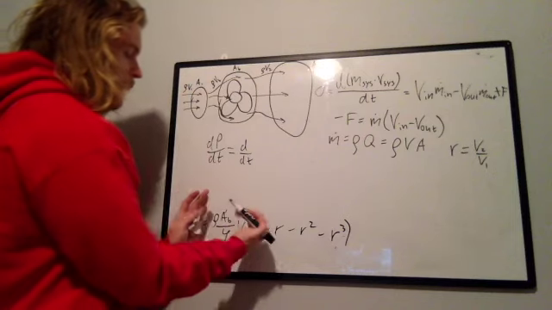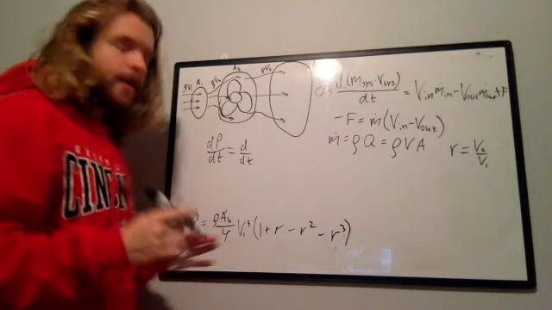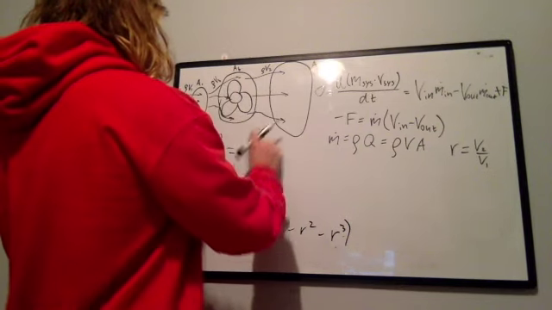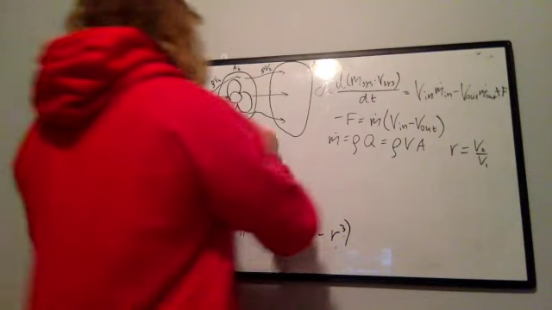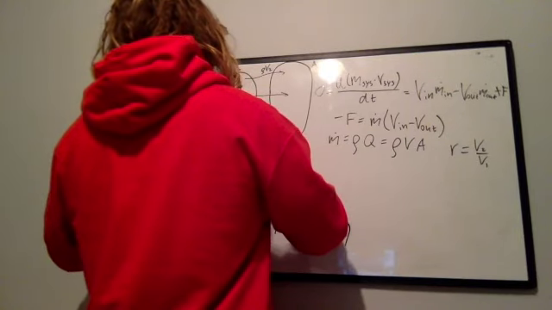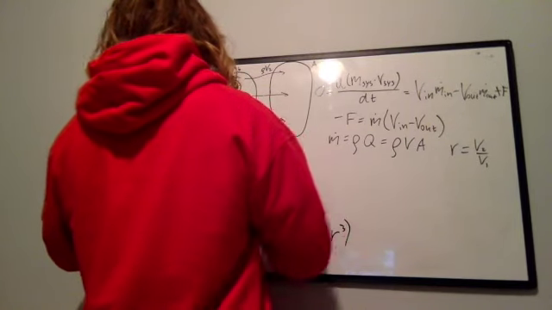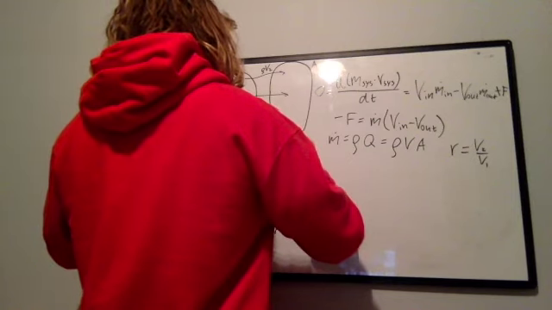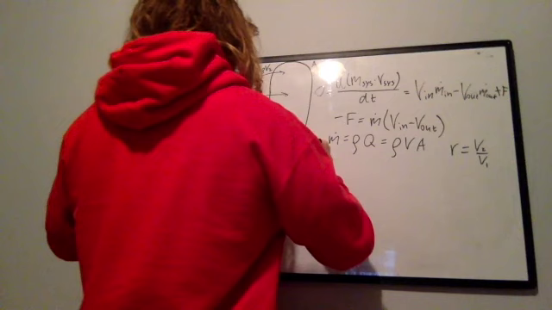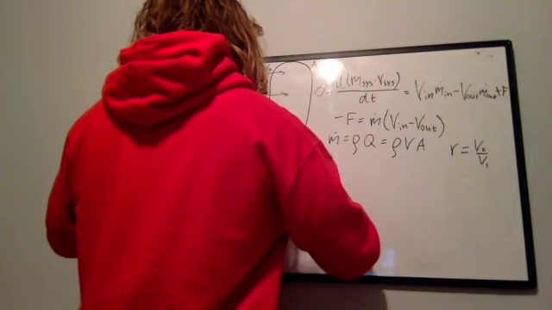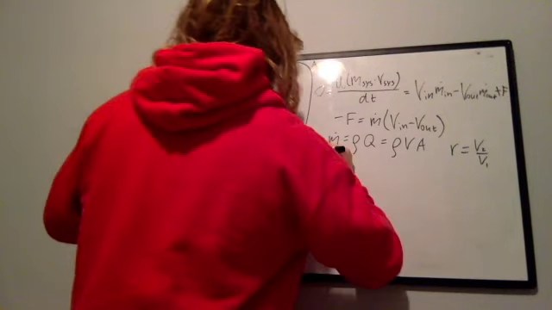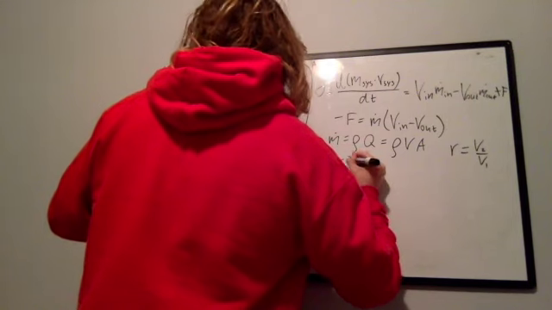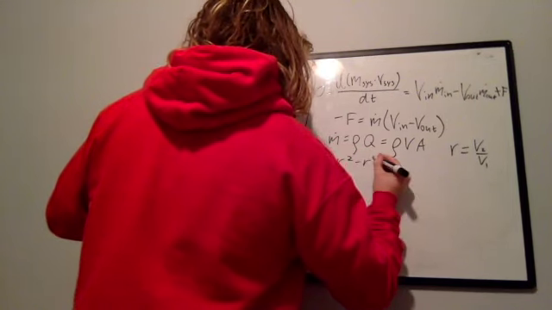So this term right here is pretty much going to be one big constant that we are not going to have to worry about when we express this derivative. So we can go ahead and pull that out front. All right, and then we will get d/dt of 1 plus r minus r squared minus r cubed.